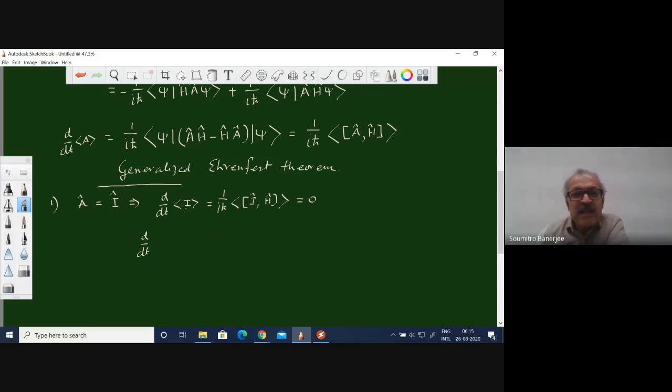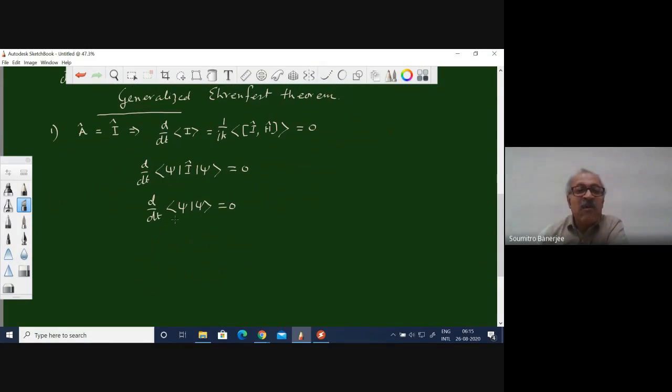Expectation value of anything is obtained by the sandwich integral. And so this is nothing but the integral of psi star I psi, which should be equal to 0 when differentiated. Now I operating on psi leaves psi unchanged. So this is nothing but d/dt of, now this is interesting, what is this?